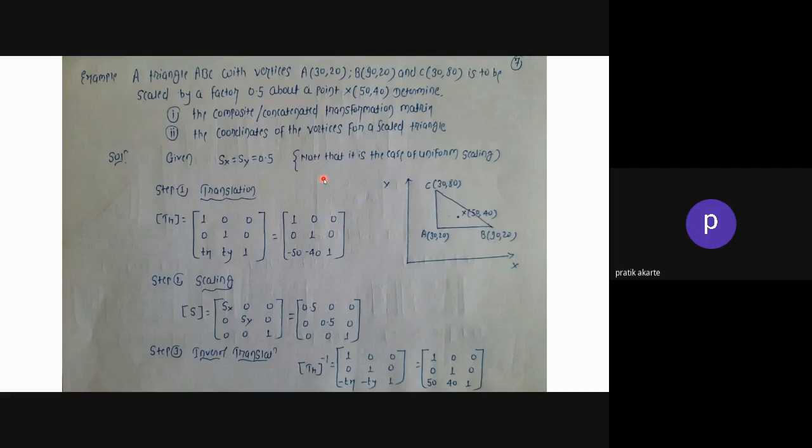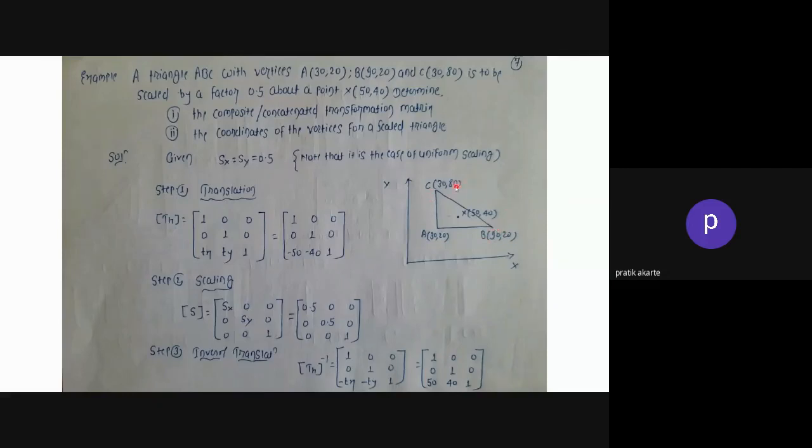Now we cannot scale any entity about an arbitrary point. For that we have the scaling transformation matrix for scaling about the origin. Only if we are scaling about the origin can we scale the entity.